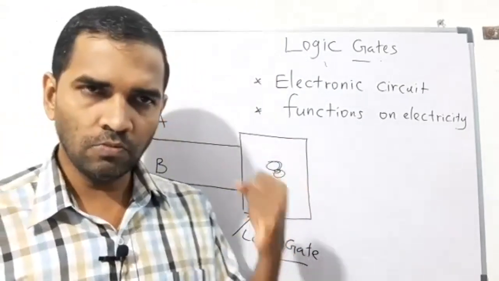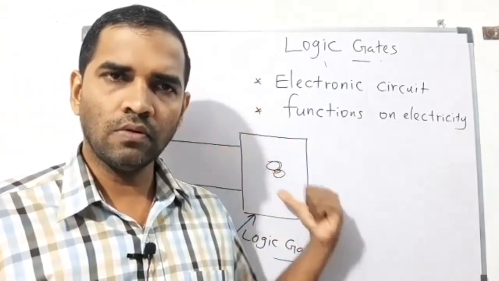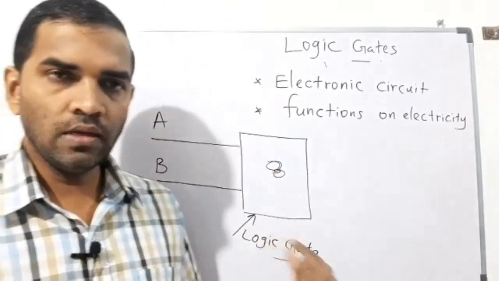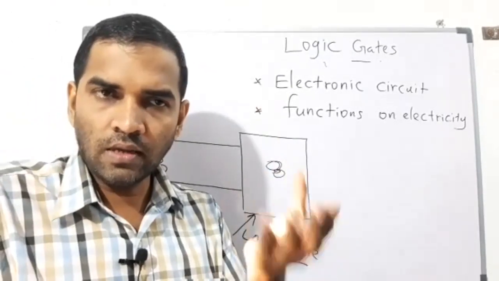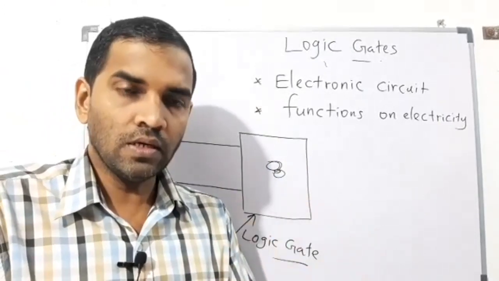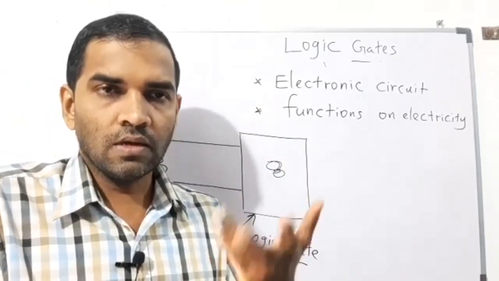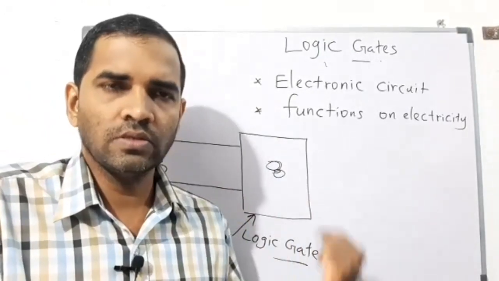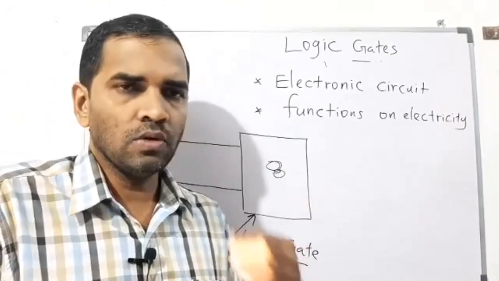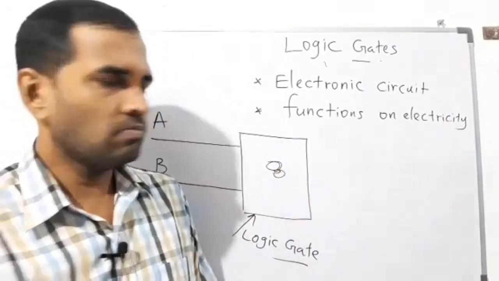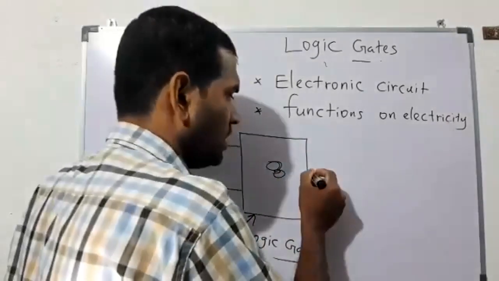So for the moment, assume something is going on, because this is the logic gate. It has some electronic components inside, like diodes. You might have heard, right? A diode is there, a resistor maybe there. In science, you might have studied these things. So some electronic or electric parts inside. As a result of them, you will be able to get an output.